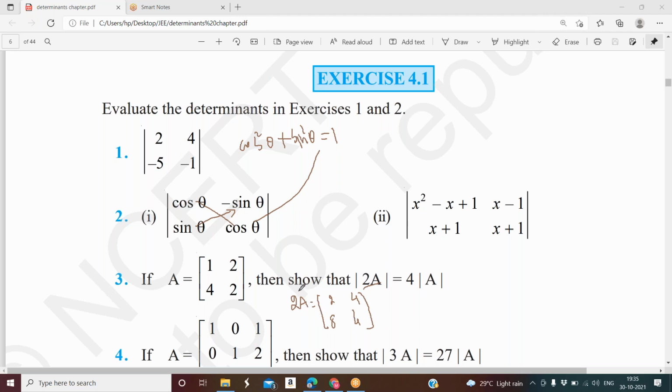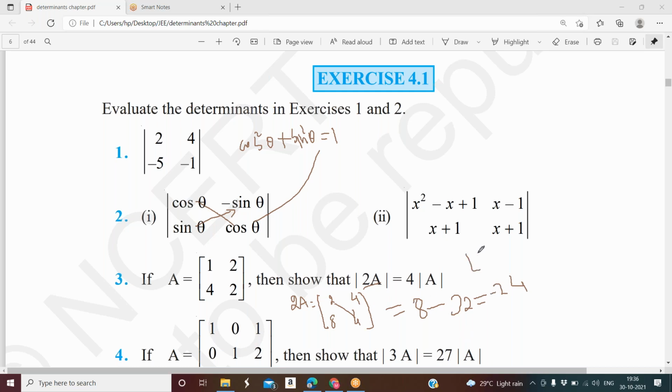Now find the determinant of 2A. So downward arrow, 4 into 2, 8, minus upward arrow, 8 into 4, 32. What is 8 minus 32? It is minus 24.